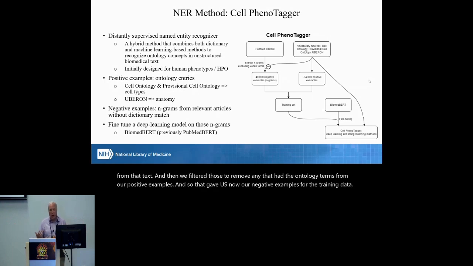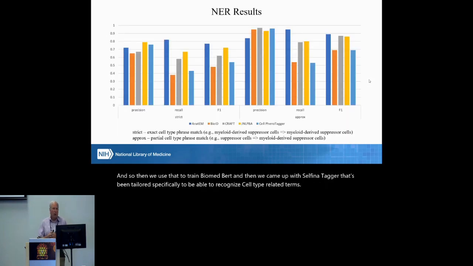We then used that to train Biomed-BERT, and we came up with cell Phenotagger, which has been tailored specifically to recognize cell type related terms. This is all really new data, only a month or two old, but already I think we're seeing some really promising results in applying this kind of strategy for extracting information about cell types from the literature.